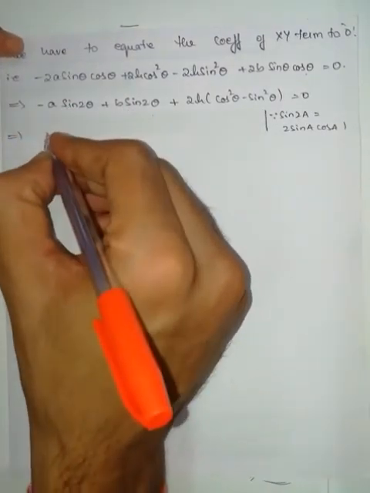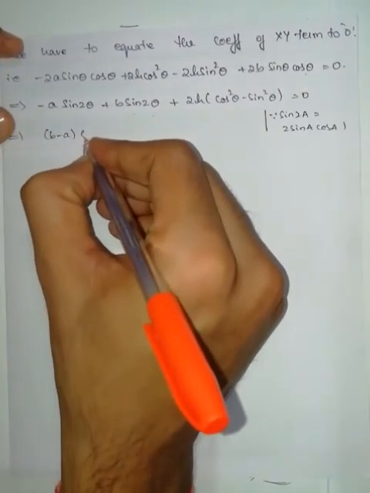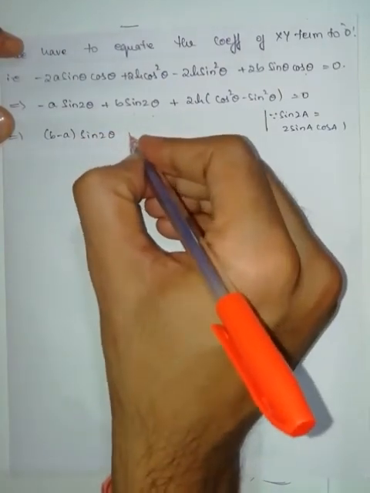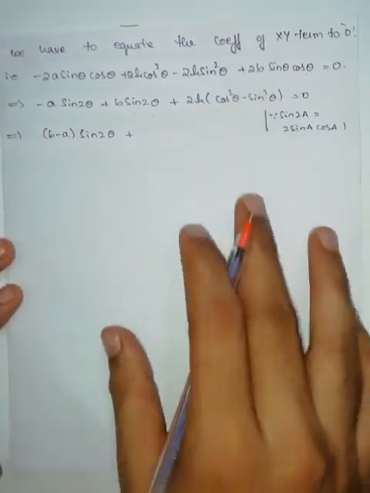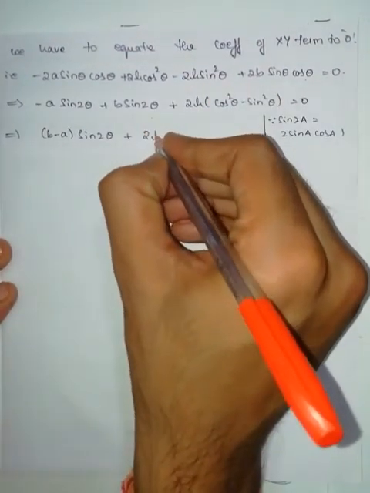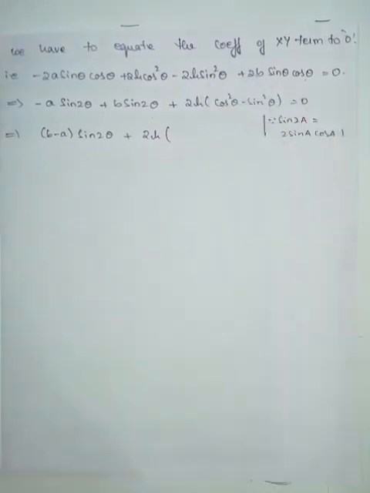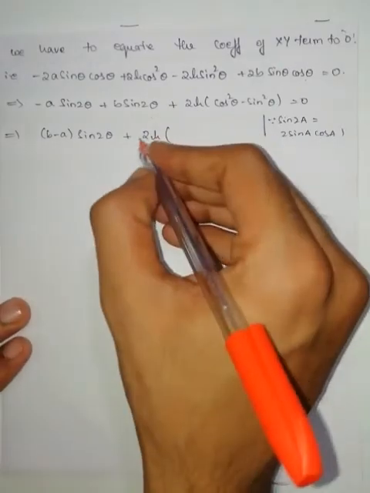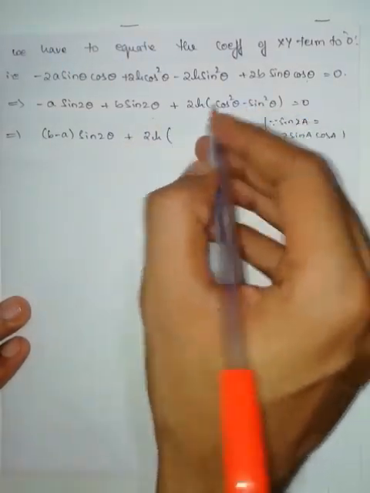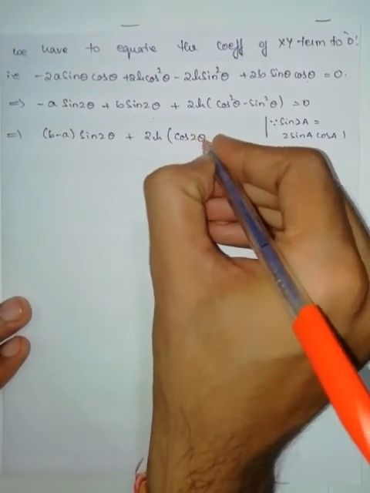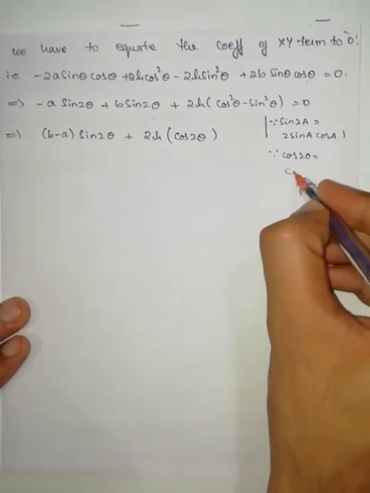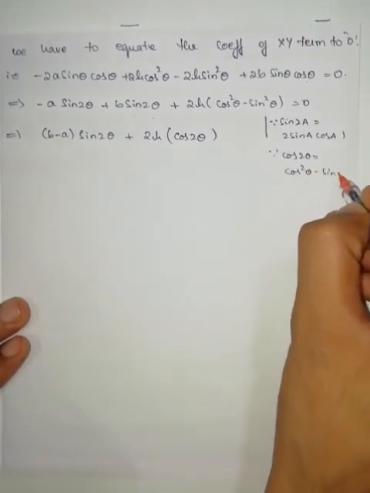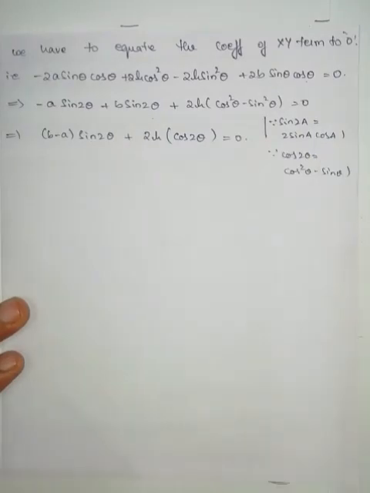From these two I am going to take b minus a sin 2 theta plus this one can be written as 2h into cos square theta minus sin square theta. This one can be written as cos 2 theta, since cos 2 theta is equal to cos square theta minus sin square theta, is equal to 0.